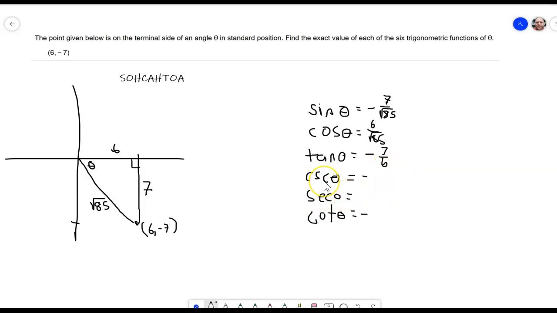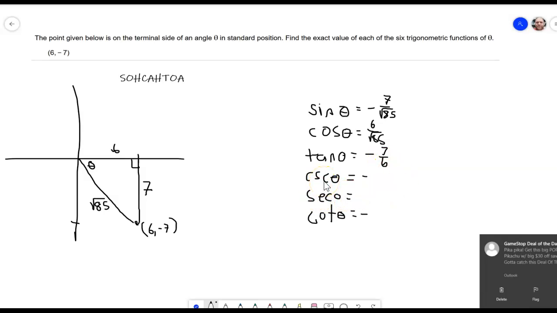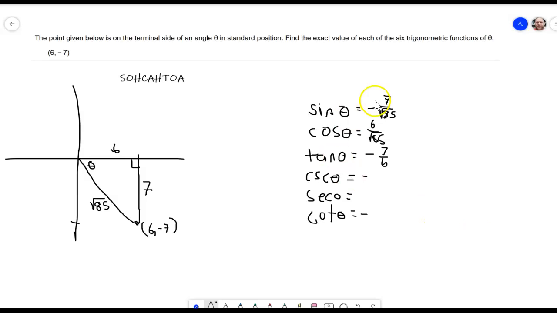The cosecant is 1 over sine, sine is opposite over hypotenuse, then the cosecant is hypotenuse over opposite.